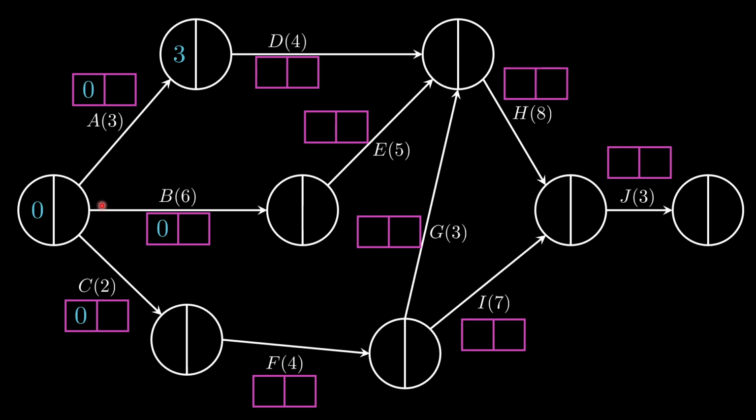Likewise, doing activity B leads me to this checkpoint here. I'm starting it instantly on day 0, but it takes me 6 days this time, which means the earliest time I can arrive here is on day 6. And the last one, same thing. I'm going to start C instantly on day 0, but it'll take me 2 days, and so the earliest time I can arrive here is on day 2.